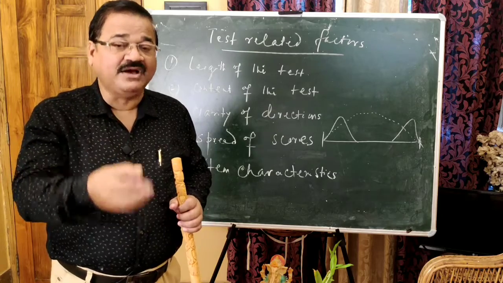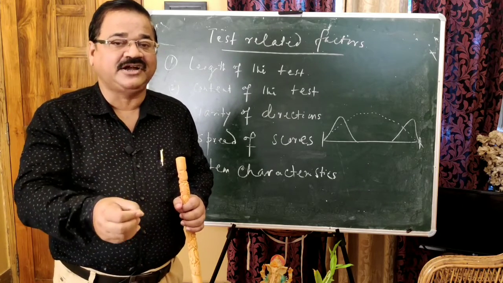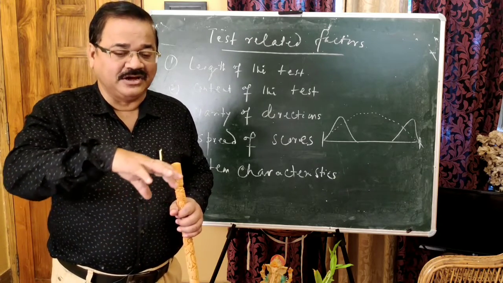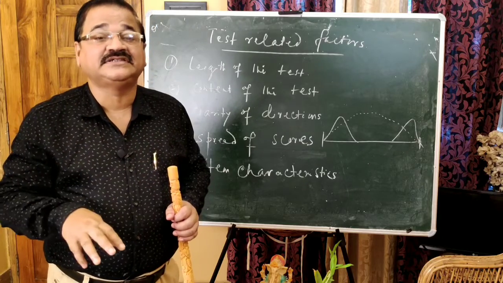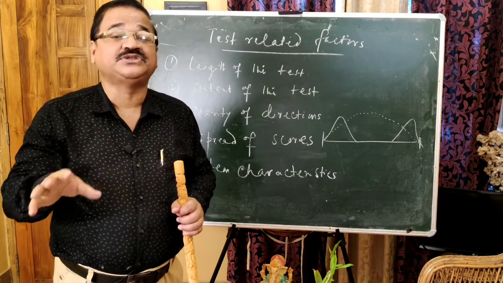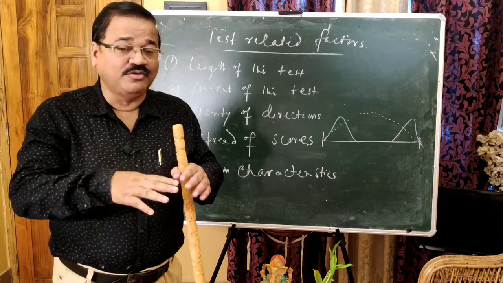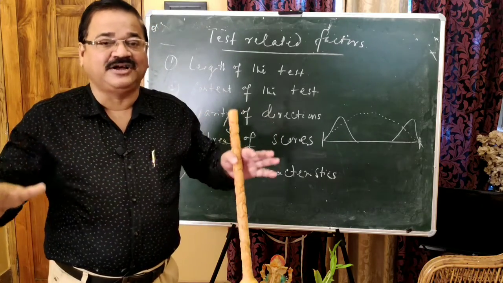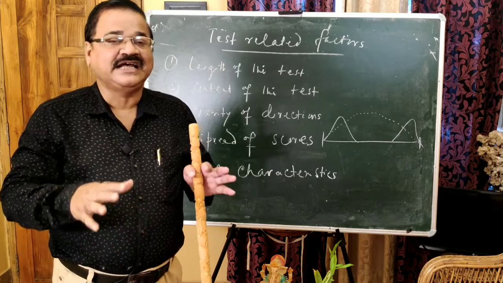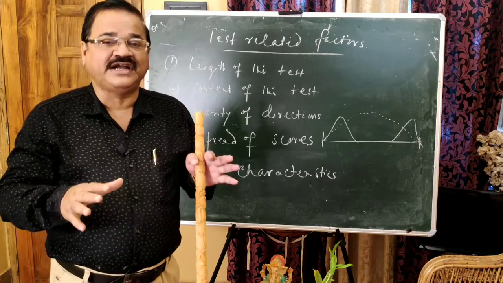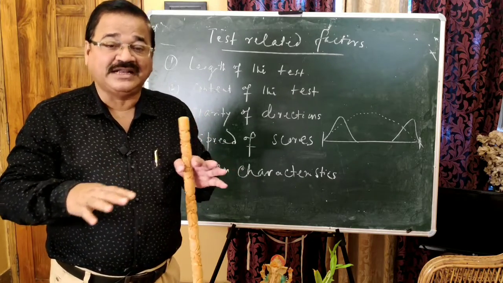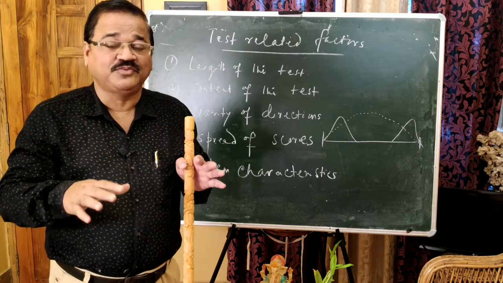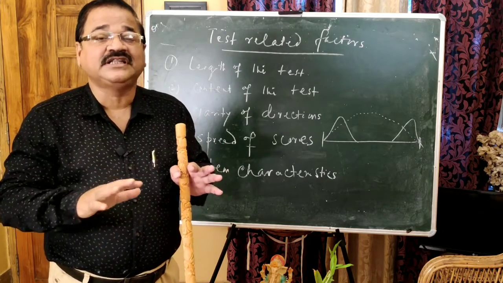If you develop test items on homogeneous content, the reliability will increase. And if you develop questions on heterogeneous items, there is a chance that the good students may be able to answer all your questions, but the poorer, average type of learners cannot.